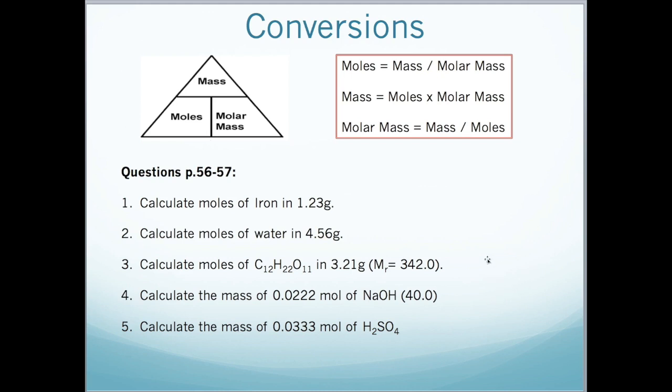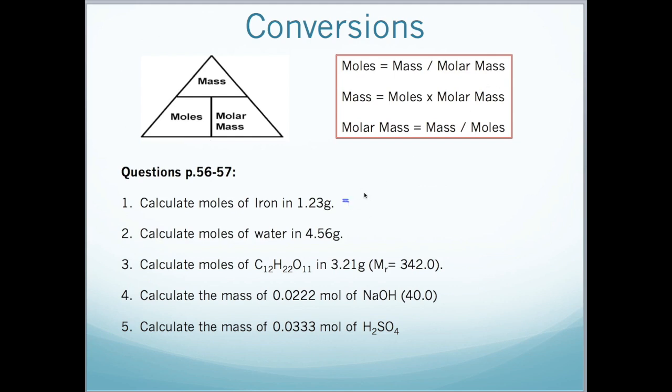So let's just quickly look at some questions which are from page 56 and 57. I'll do a couple and the rest you can do yourself. So first of all, question 1: calculate the moles of iron in 1.23 grams. So we need to find the moles. From here we can see that to get the moles we need to divide mass by molar mass.